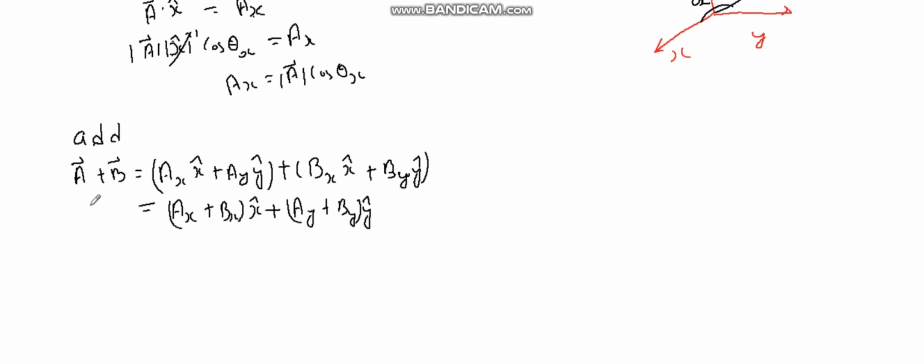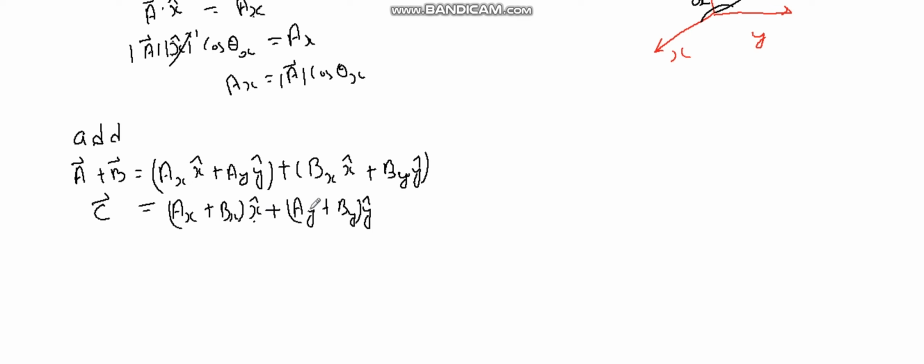So the summation of two vectors a and b will give a vector c. We are expanding a in the x cap and y cap direction. In a similar way, we are expanding b in the x cap and y cap direction. So the result c should also be expanded in the x cap and y cap direction. How can we do this? Well, we can take ax and bx and sum them together and common out the x cap direction.